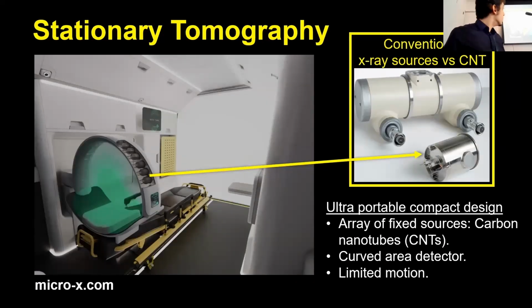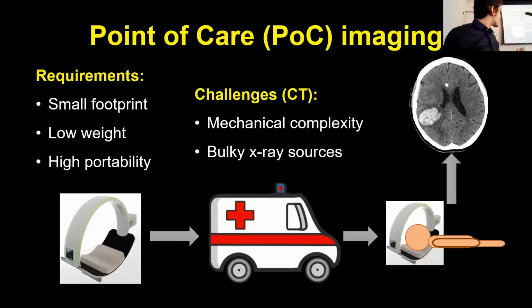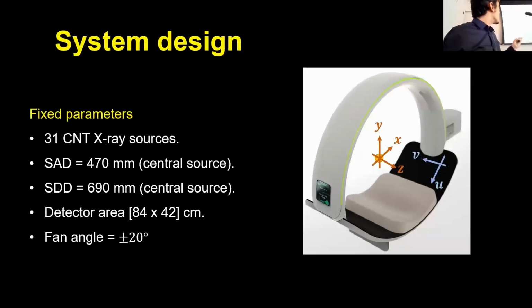Thank you for your question. Yeah, it's true that, in terms of compactness, it is compact enough. What we wanted is a system which was compact enough to be able to transport it in an ambulance. So we did not compare with other systems. That's true.